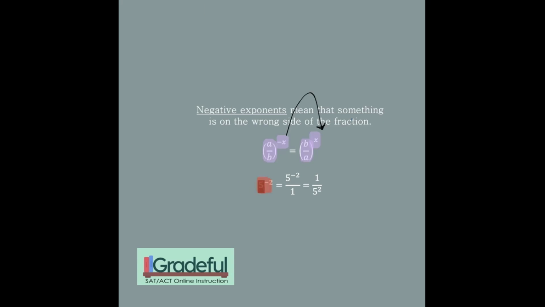Similarly, if we had 5 to the -2, well, any number is itself over 1, but the negative means that that's on the wrong side of the fraction. So the 5 to the -2 moves to the other side, and the exponent becomes positive, leaving what's underneath all of that, which is the invisible number 1. So 5 to the -2 is the same as 1 over 5 squared.